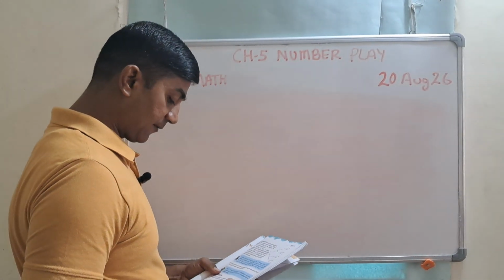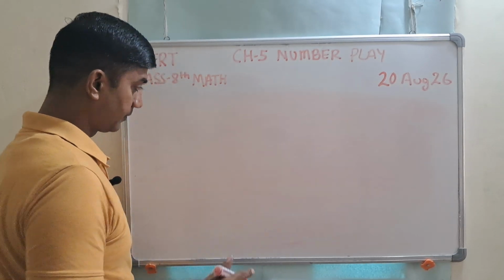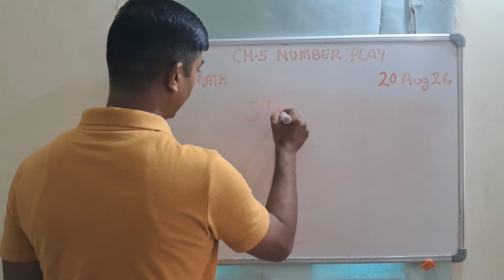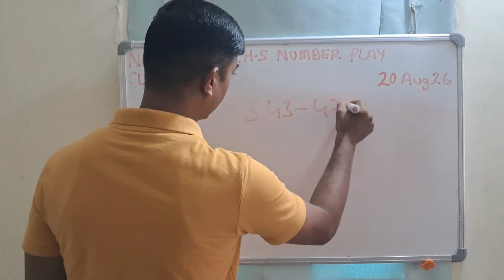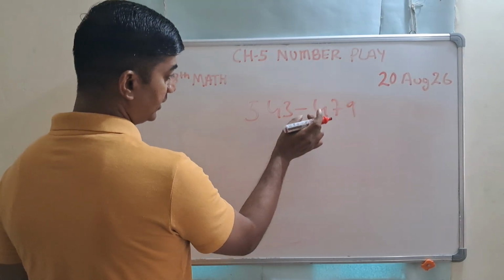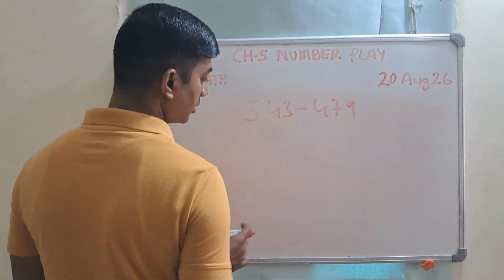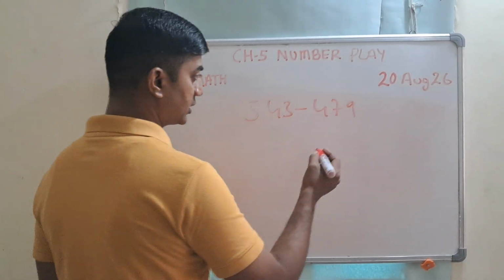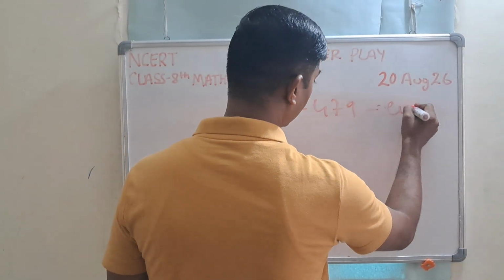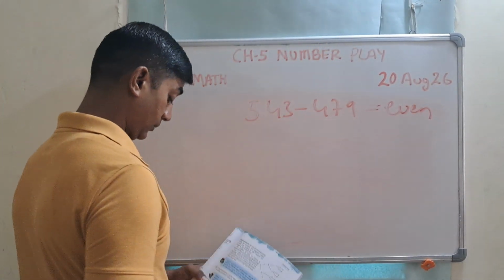What is the next expression? 543 minus 479. Odd subtracted from odd, you will get the result even, that we have already seen.